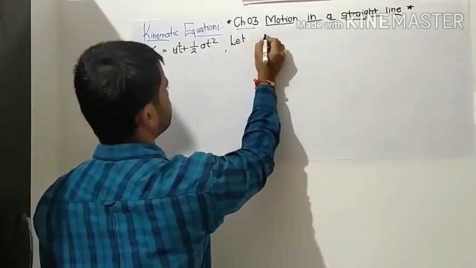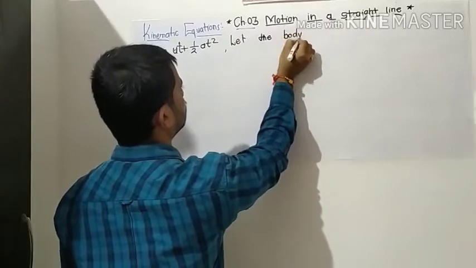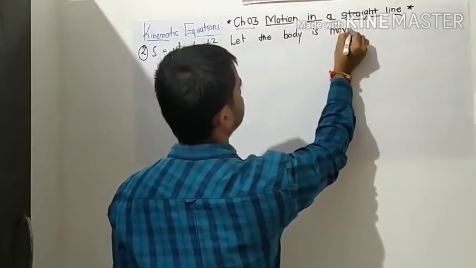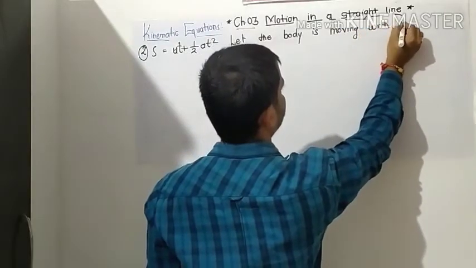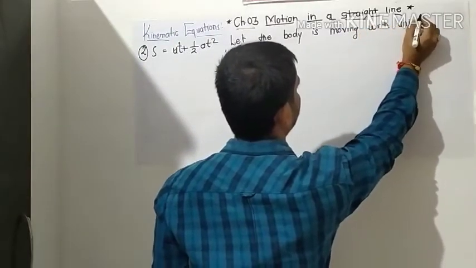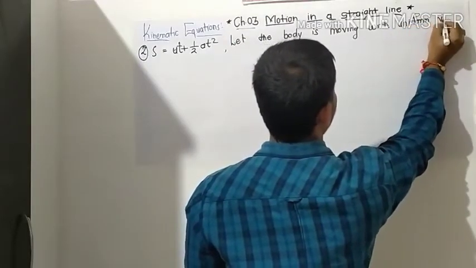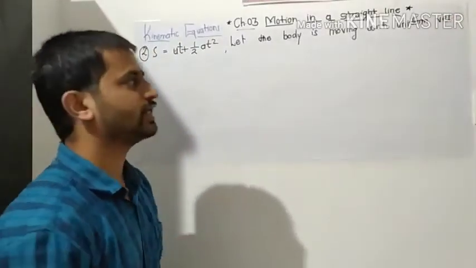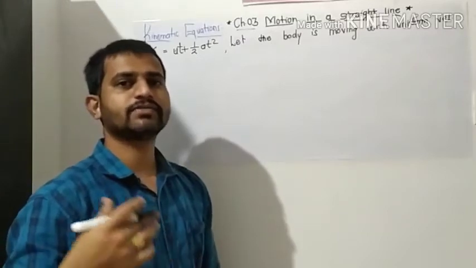the body is moving with uniform velocity, and during that uniform velocity the body is covering some distance.